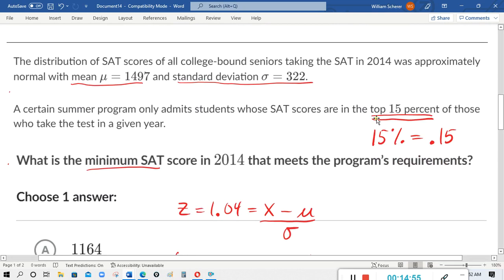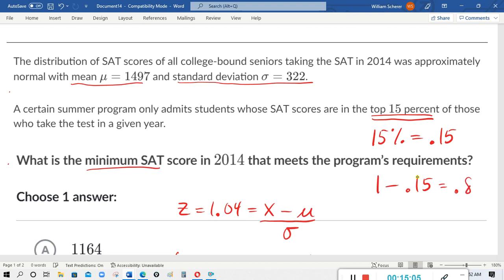So instead of 15% or 0.15, you want to look up 1 minus 0.15, which is 0.85. We looked that up on the table and found the z-score associated with that. So if it says top 15% or something like that, subtract that number from 1.